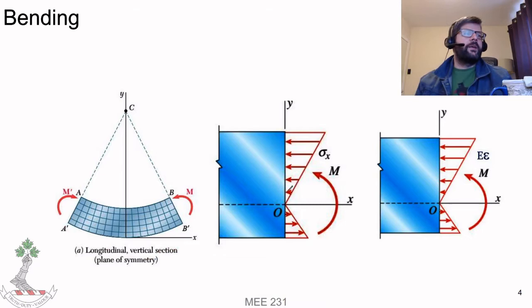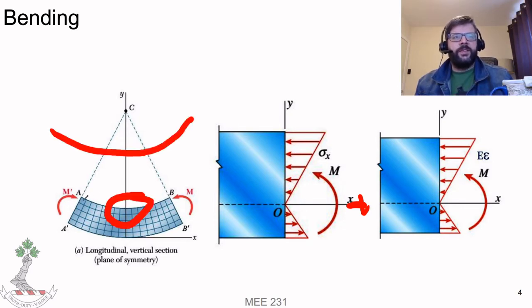So here that's denoted. We have some neutral axis here, and above that point, we're talking a positive moment here. So with a positive moment, in this configuration, at the top, these little segments need to get squished in.